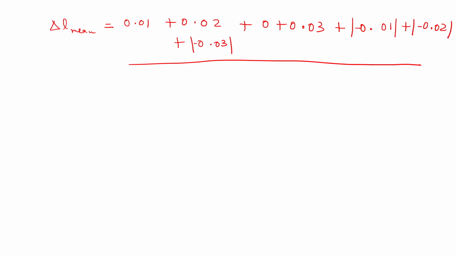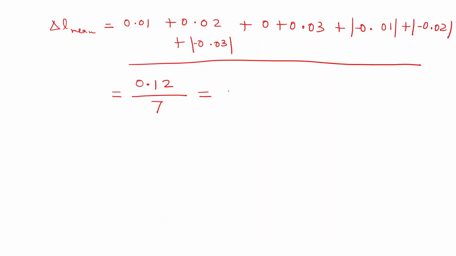It will become 0.01 plus 0.02 plus 0 plus 0.03 plus 0.01 plus 0.02 plus 0.03. So sum of all these absolute errors will be 0.12, divided by total 7.